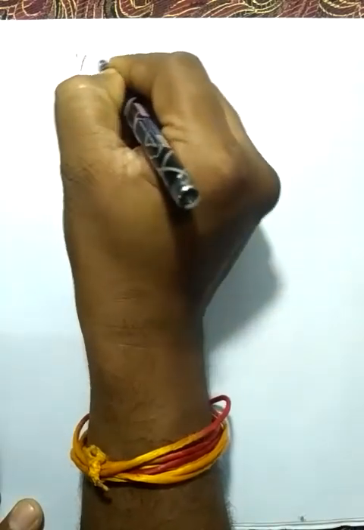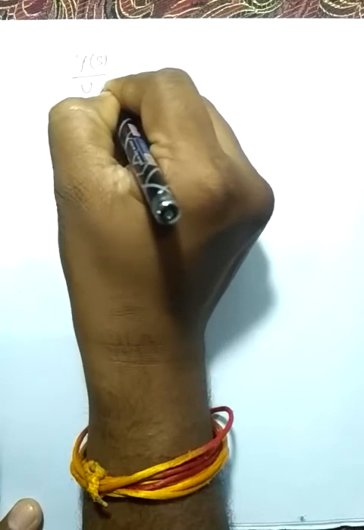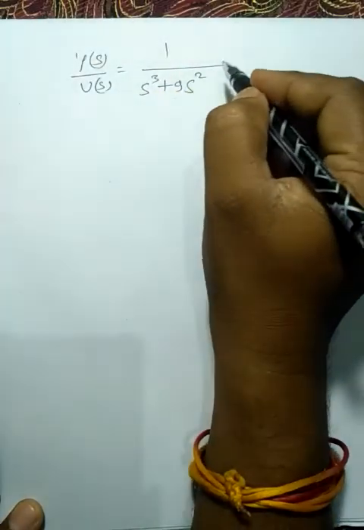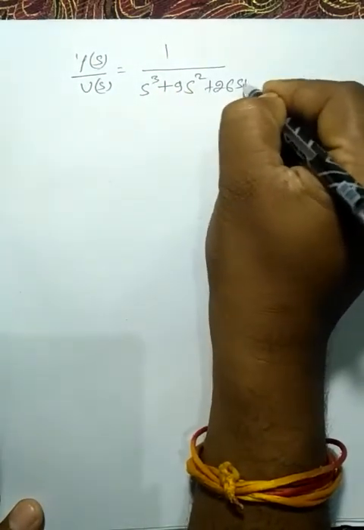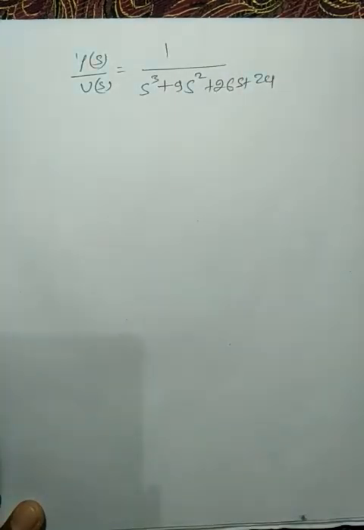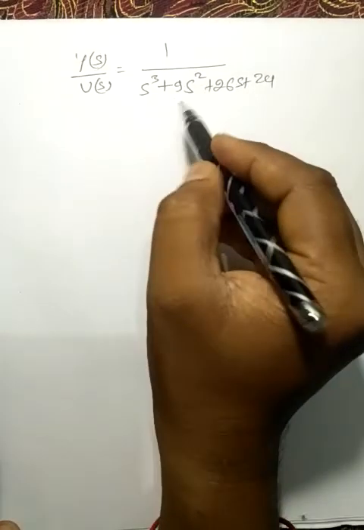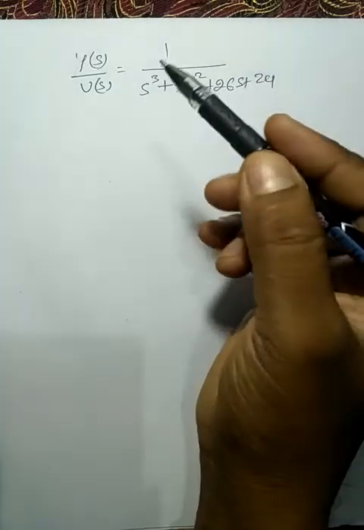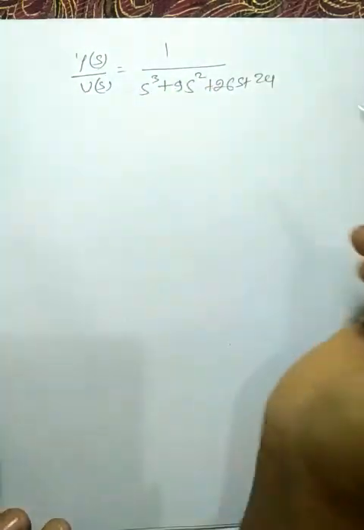So let's take a transfer function Y(s) over U(s), which is equal to 1 over s cube plus 9s square plus 26s plus 24. And now I want to draw the block diagram of this transfer function. For this purpose, first we cross multiply this equation and take the inverse Laplace of this equation.